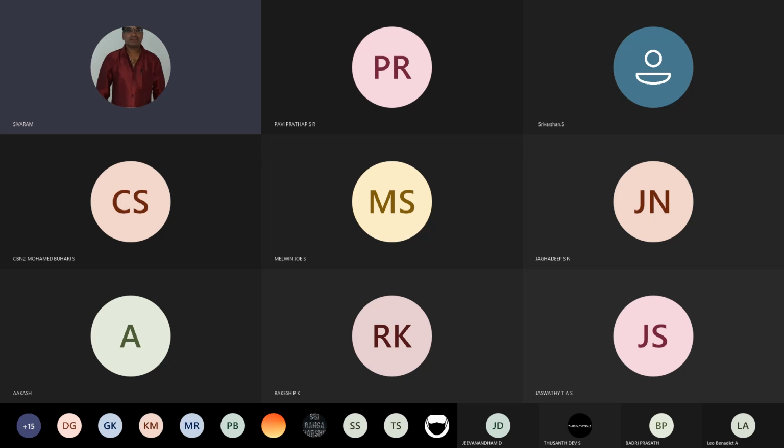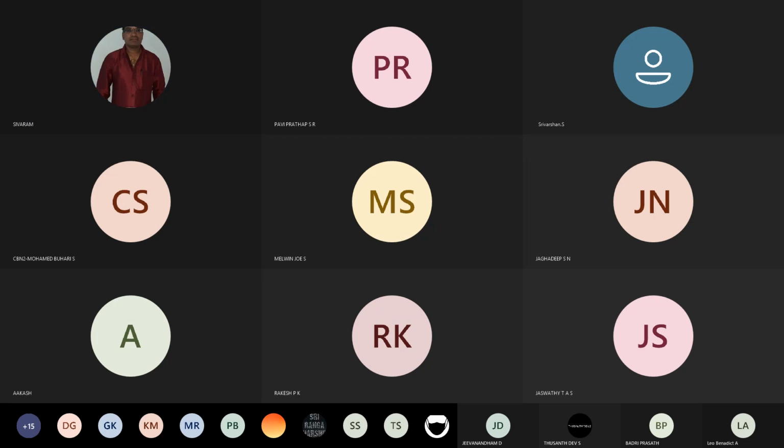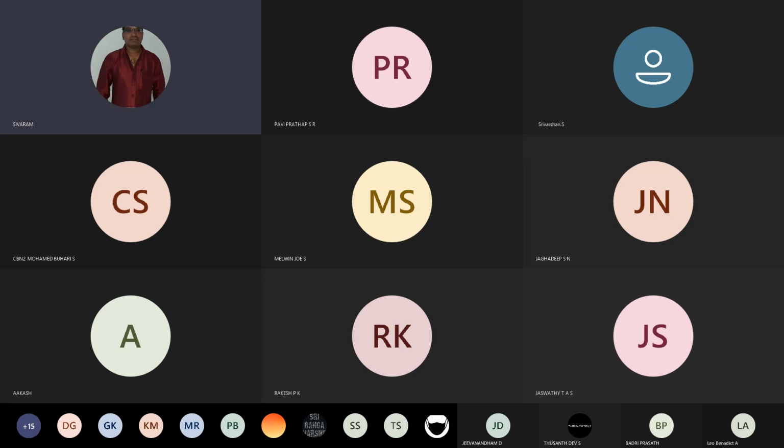Those 7 cells: we already said that at one end we'll find a group of 3 cells which we call the egg apparatus, and this egg apparatus consists of 1 egg cell and 2 synergids, so 3 cells. Opposite to the egg apparatus we'll find a group of 3 cells called antipodals. So 3 plus 3, 6 cells. Where is the 7th cell?